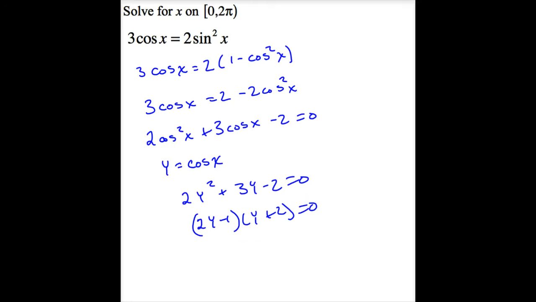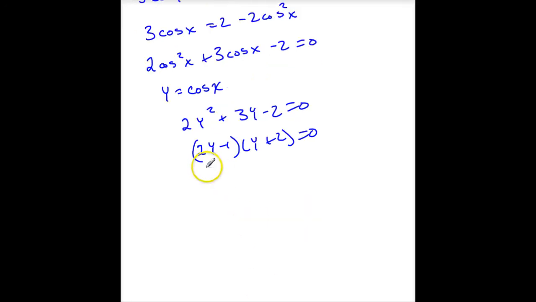All I've done is factor it. Now I'm going to replace this back in. 2 cosine x minus 1 times cosine x plus 2 equals 0. You do not have to do this step, but I find it's very helpful.